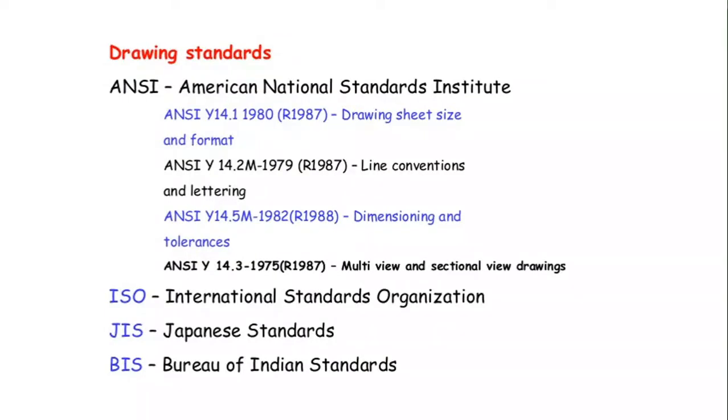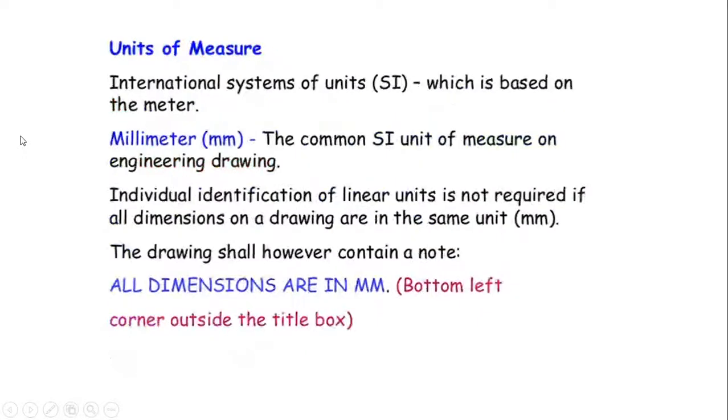Likewise, ISO, International Organization for Standardization; JIS, Japanese Industrial Standards; and BIS, Bureau of Indian Standards. Different types of standards are followed worldwide. These are the standards which govern the engineering drawing.